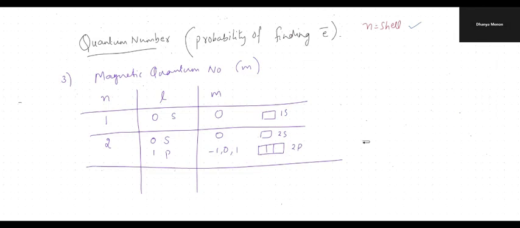Now, if n value is 3, we have L values 0, 1, 2. 0 is represented by the S subshell, 1 is P, and 2 is D. So this is 0, which represents the 3s. This is minus 1, 0, and 1. It represents the 3p orbital.